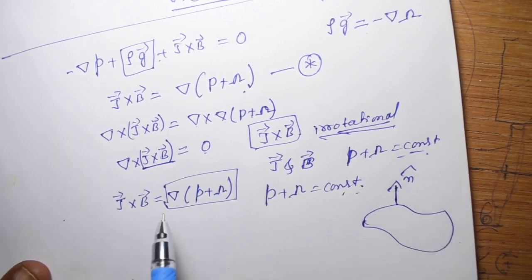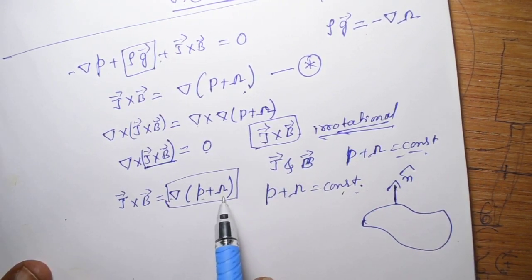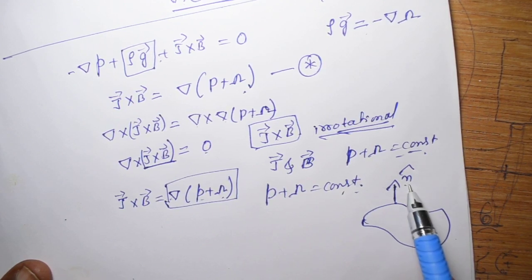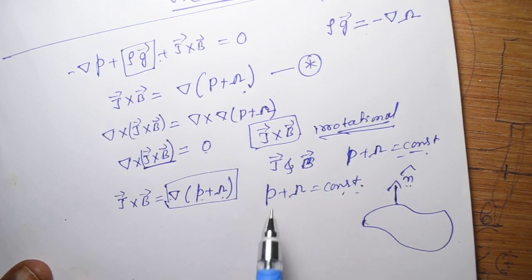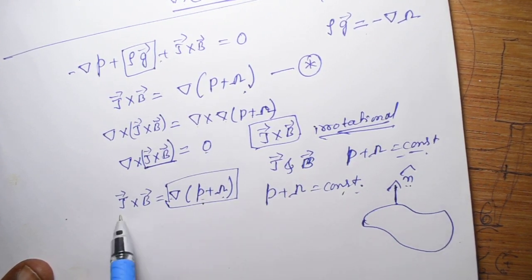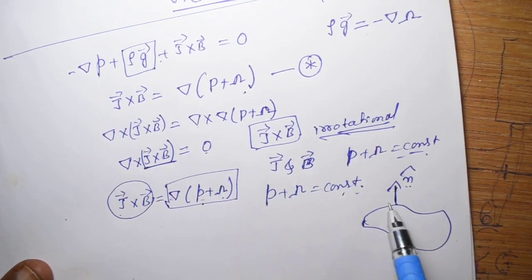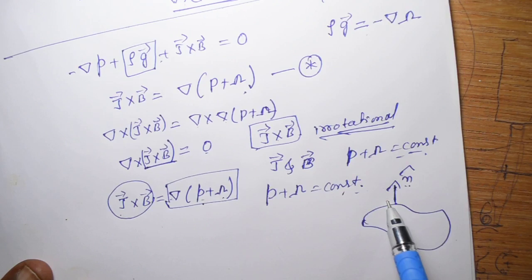Here, the gradient of P plus omega must always be in the direction normal to the surface at any point. So again, from this equation, J cross B must also be in the normal direction.